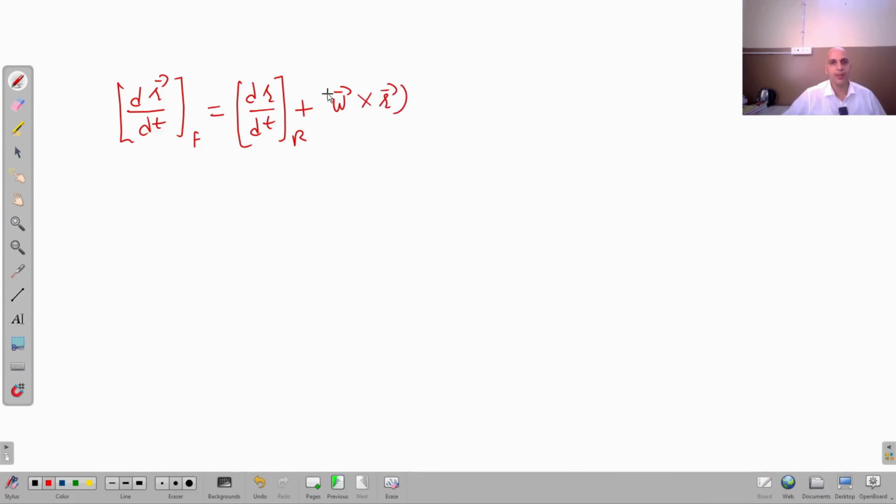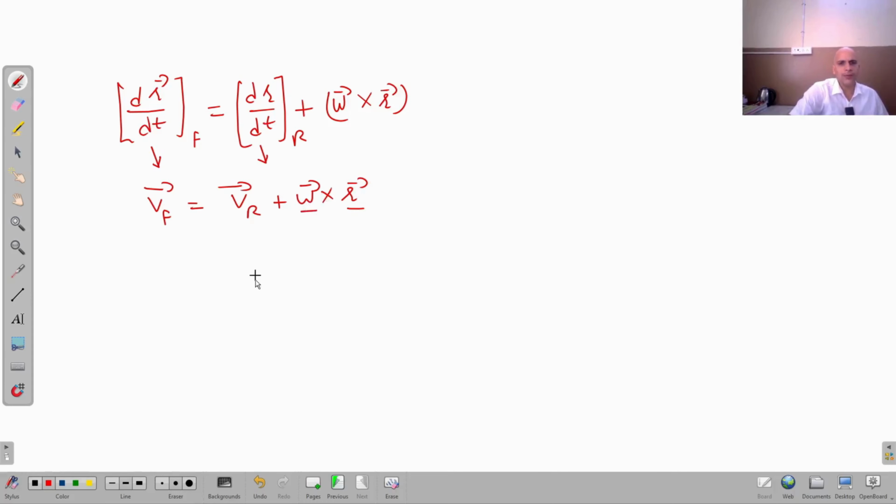But this position vector is with respect to the rotating observer. So we can say V fixed is equal to V rotating plus omega cross r, right? Because this is the velocity with respect to the fixed observer, and this is angular velocity, and this is the position vector with respect to the rotating observer.